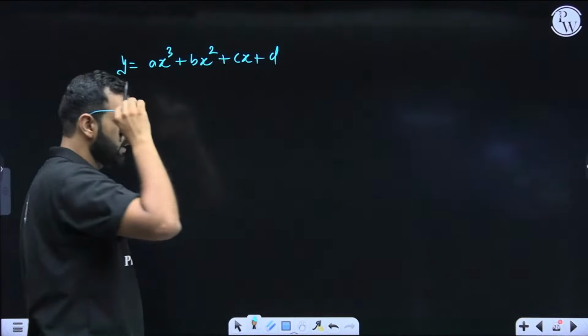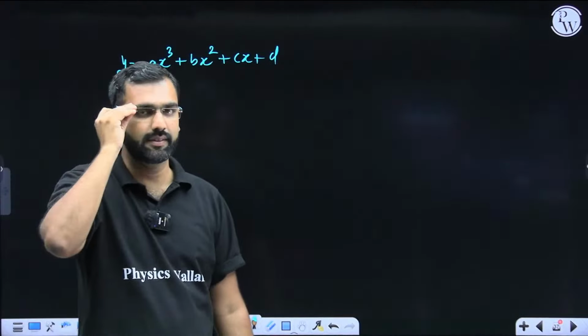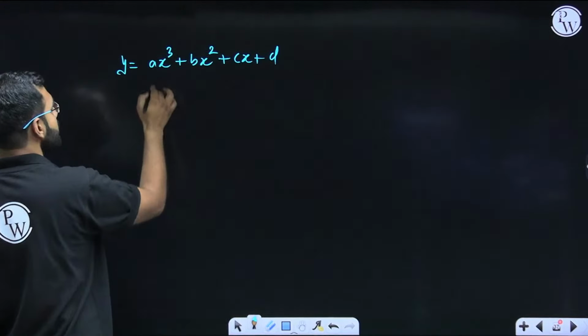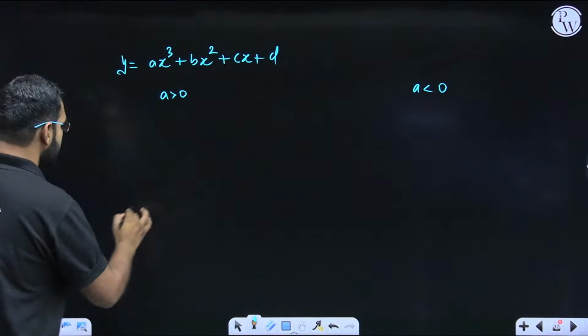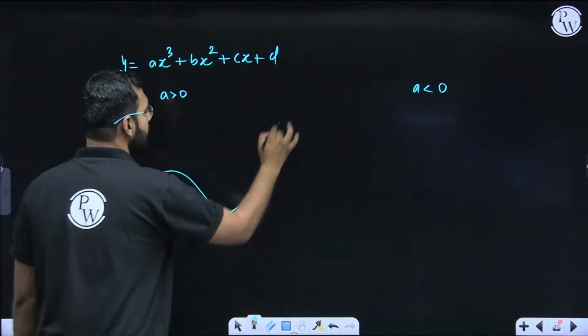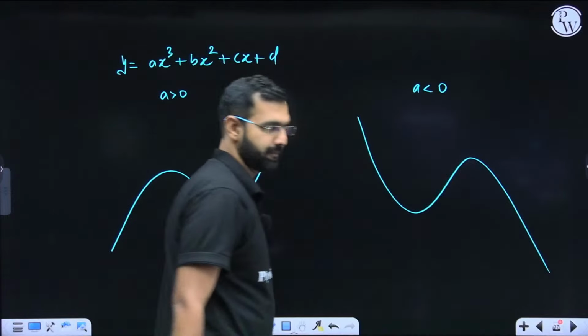Then do remember there are always 2 cases. 2 cases means either the coefficient of the highest degree term will be positive or negative. So whenever this a, the coefficient of x cube, is positive, the graph will certainly be like this. And whenever the coefficient of x cube is negative, the graph will certainly be like this.